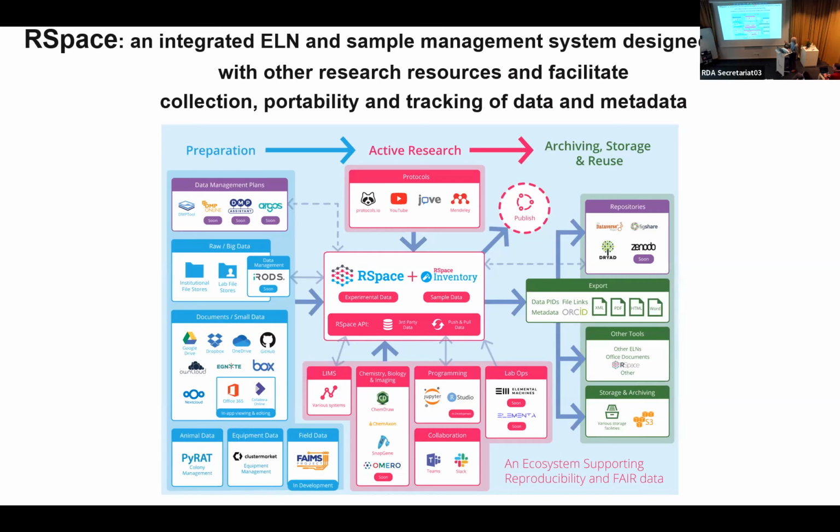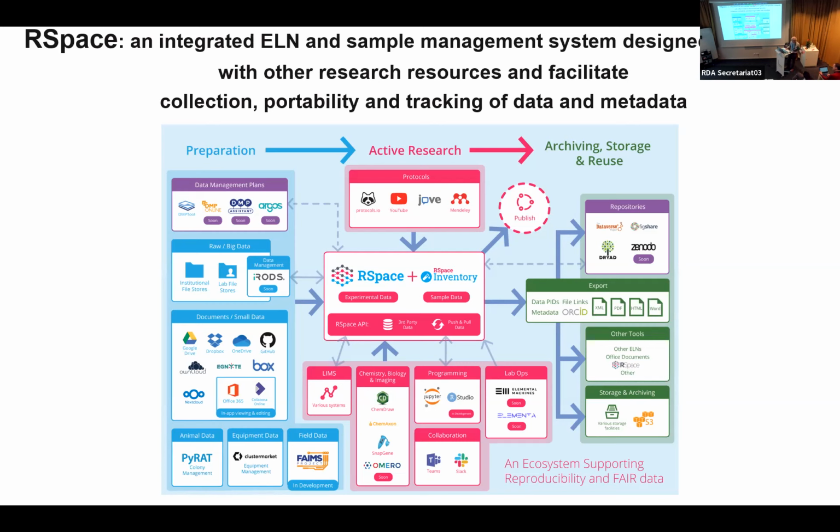So there's a lot of stuff going on here, but you can see at the heart, RSpace is an ELN for experimental data, a fully fledged sample management system that's integrated with the ELN. It has a set of APIs which allow extensibility, and then it connects with all sorts of other data sources that are likely to be used, including storage facilities, including specialist capabilities, other tools like PIRAT, which is a colony management system, and Cluster Market, an equipment management system.